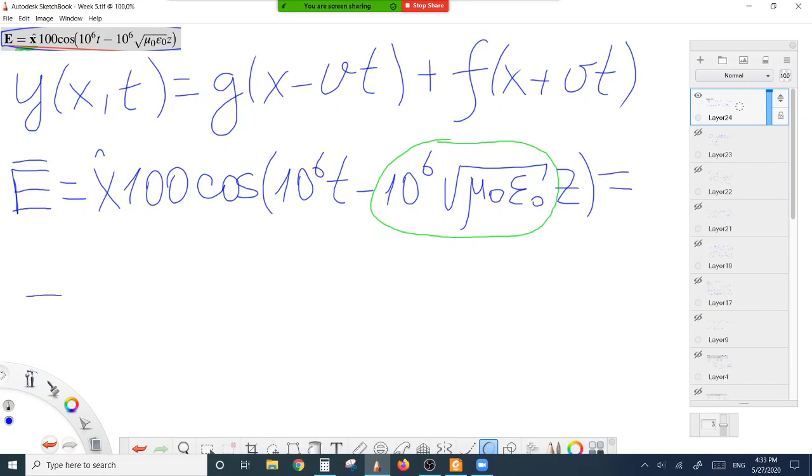So it will be equal to x multiplied by 100 multiplied by cosine.